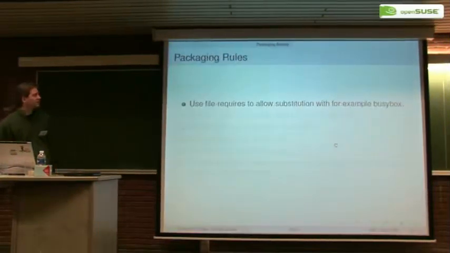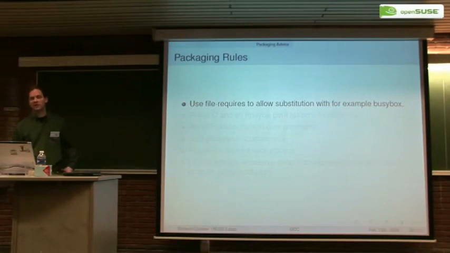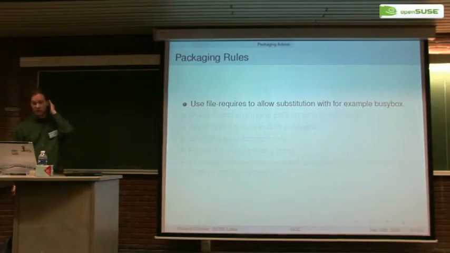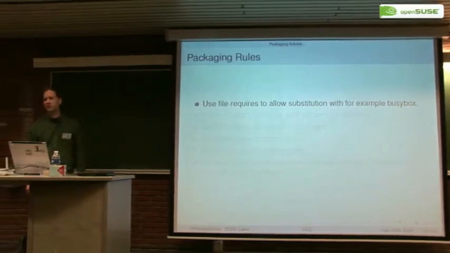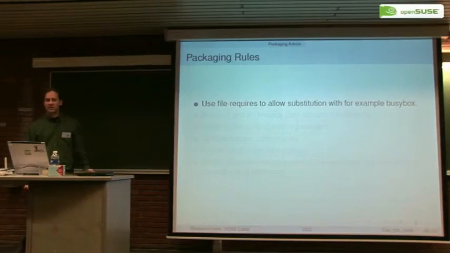So what's the result of this project? It's more or less that for the core packages, you want to use slimmer requires. For example, you don't want to require coreutils, but for example, /bin/cp, stuff like that, to be able to just throw busybox into a repository and get that automatically substituted for coreutils if it's available.